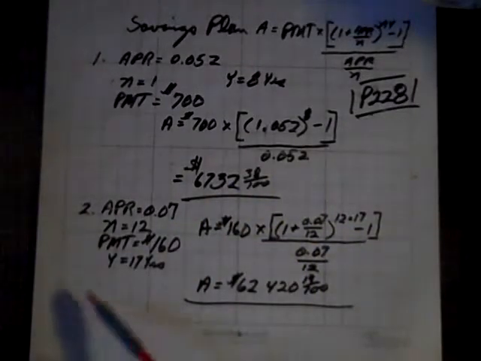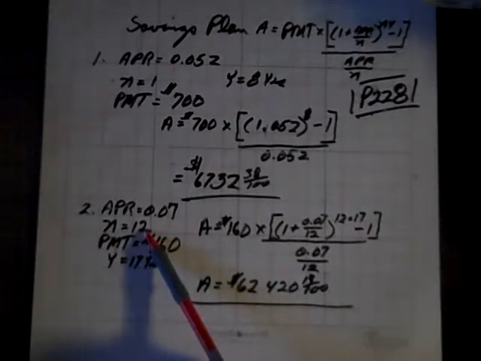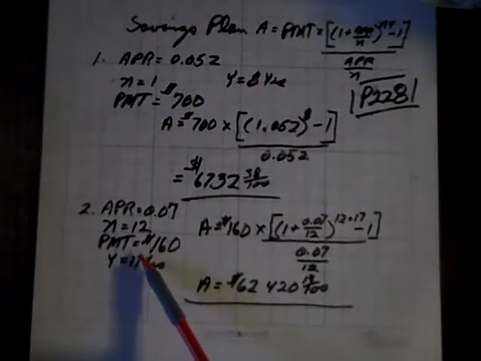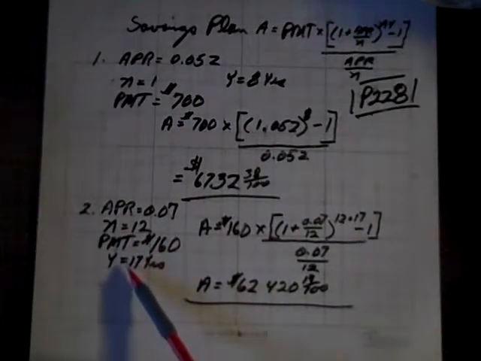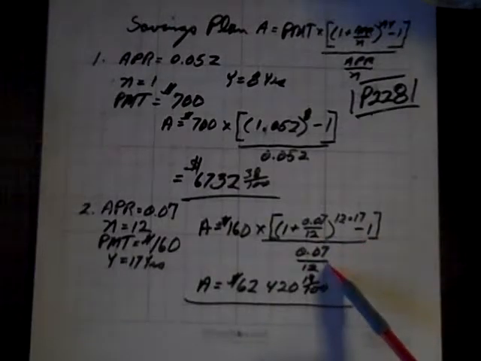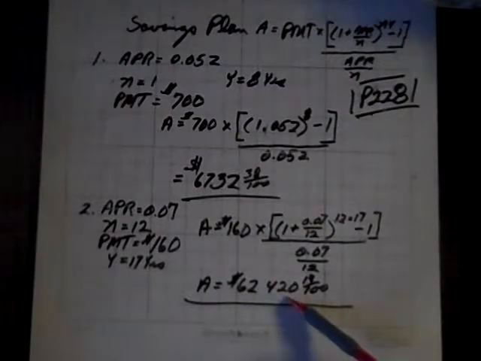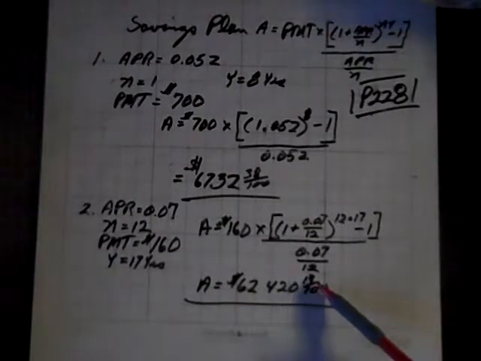Same formula, except this time we're talking about a 7% interest rate. We're compounding monthly, so n is 12. The payment's $160, and the years are 17. And when we install those values in our formula and compute, we wind up with $62,420.19.